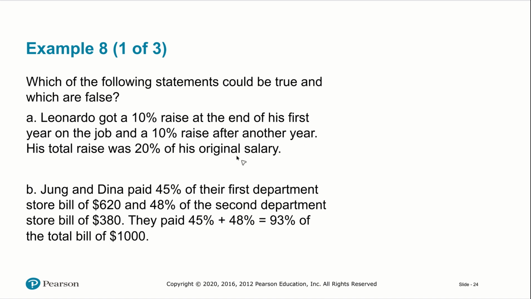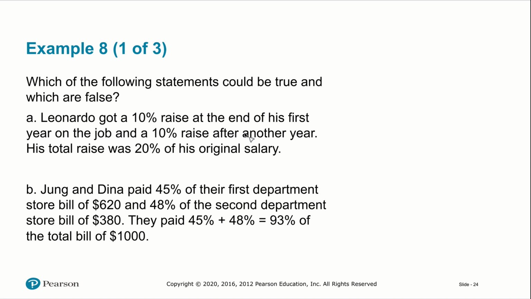Well, this is definitely not true. The only way you can add percentages like that is if they're percentages of the same number or the same quantity. Now, since he got a raise at the end of the first year, the number you're going to use for the 10% of the second year is not going to be the same as the first year, is it?